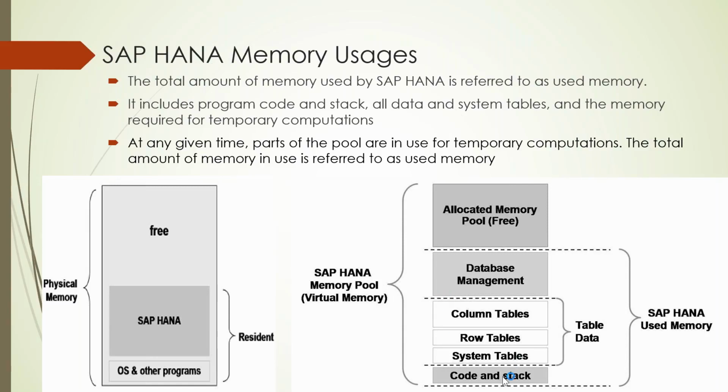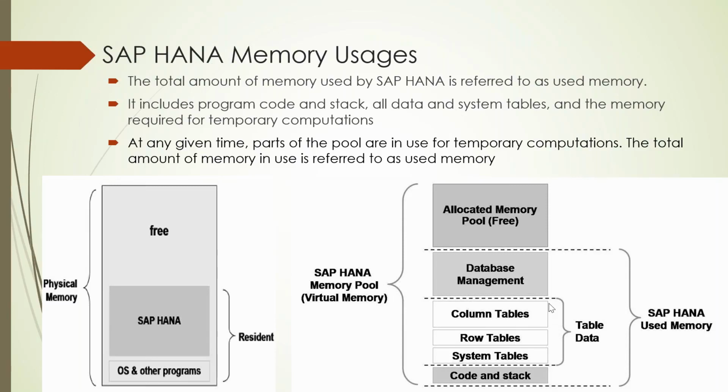Whenever you start the HANA database, code and stack are loaded into memory. Then system tables are loaded, then all the row tables, plus some of the column tables which are marked for loading. So this is the fixed amount of memory.